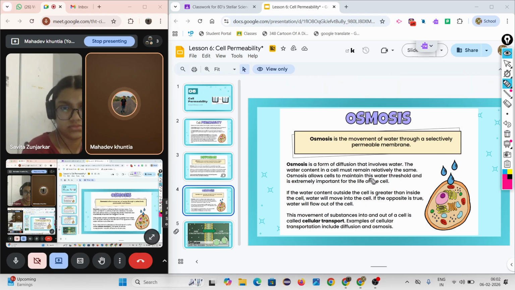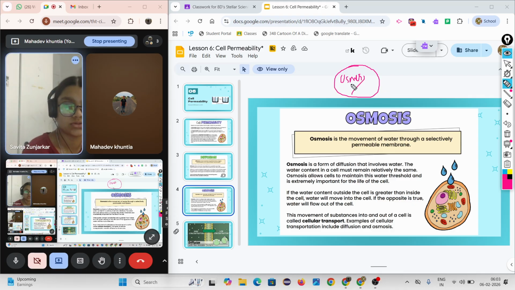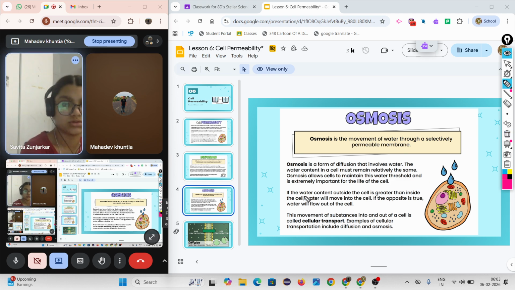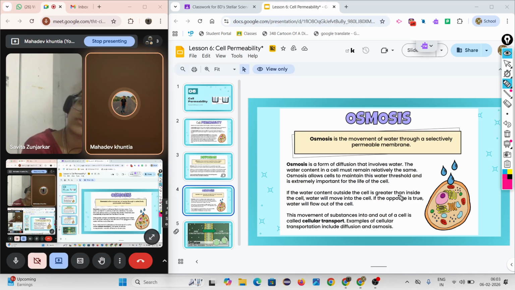Osmosis allows the cell to maintain this water threshold and is extremely important for the life of the cell. Who balances the water inside the cell? Osmosis. Do you understand?